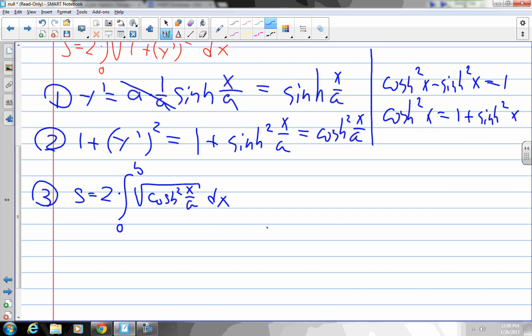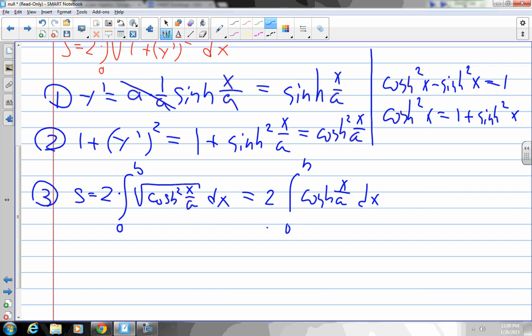So 2 times the integral from 0 to b, just cosh of x over a. I'm done. Maybe it's the color of the pen. I usually can find the reason for the silliness, but not this time.